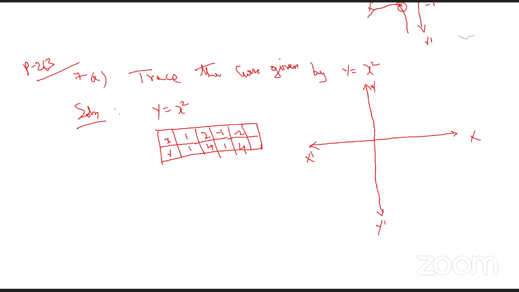This is 1, 2, 3, 4, 1 centimeter equal to 1 unit on the ground. Highest value we have is 4. This is -1, -2, -3, -4. Down also -1, -2, -3, -4.